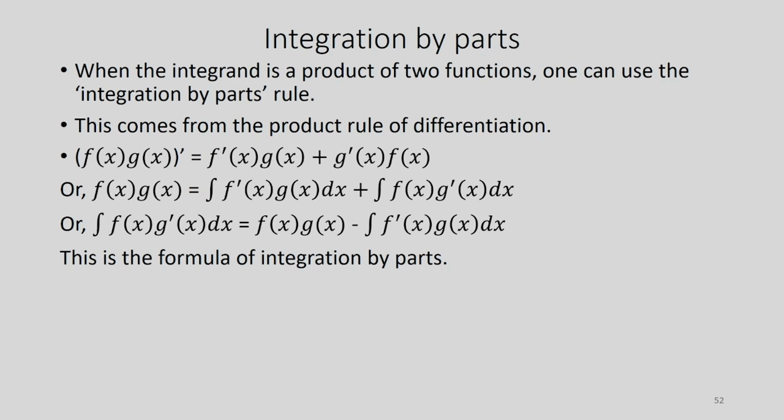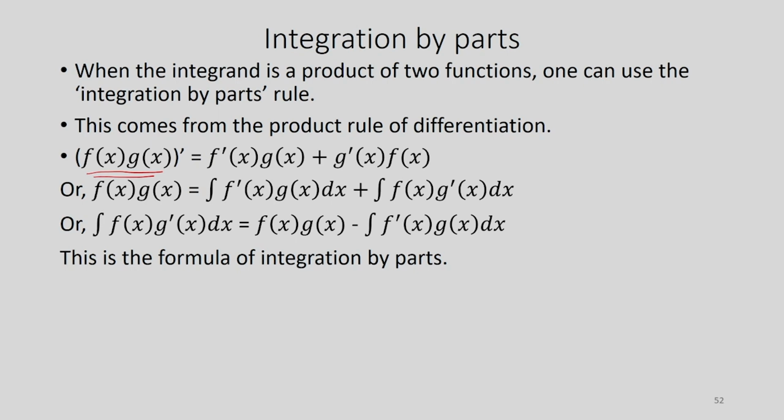Now, what does this product rule of differentiation say? On the left hand side, you have f multiplied by g. So, f(x) and g(x) both are functions of x, and here you have a dash sign, which means the product of f(x) and g(x) has been differentiated with respect to x.